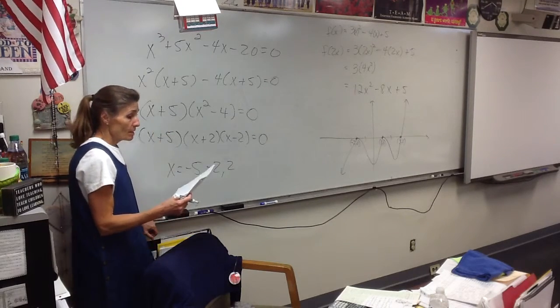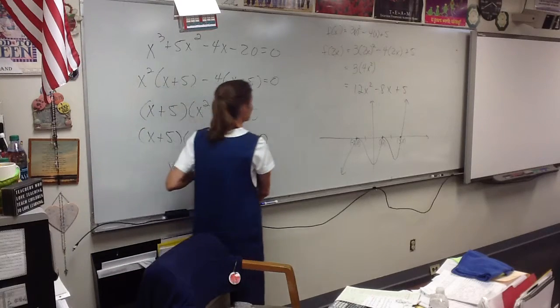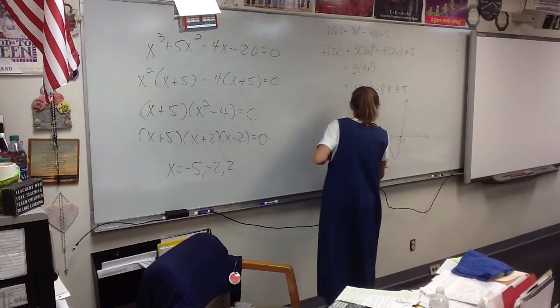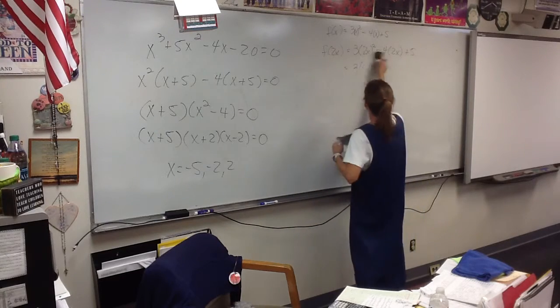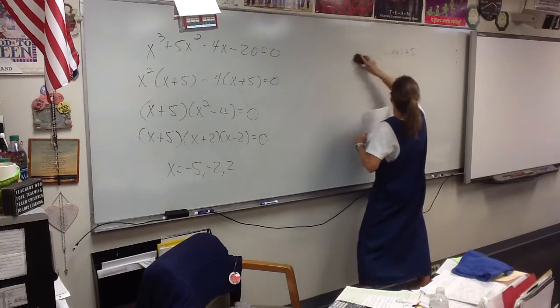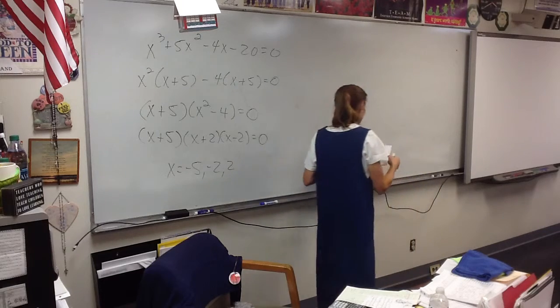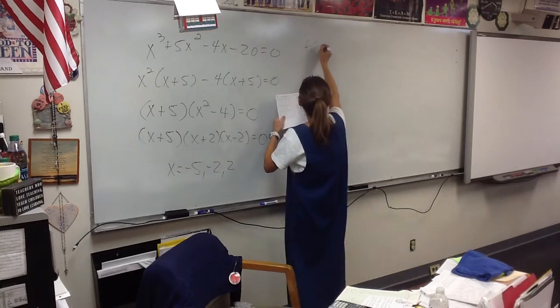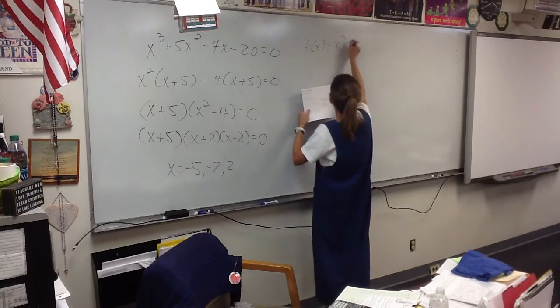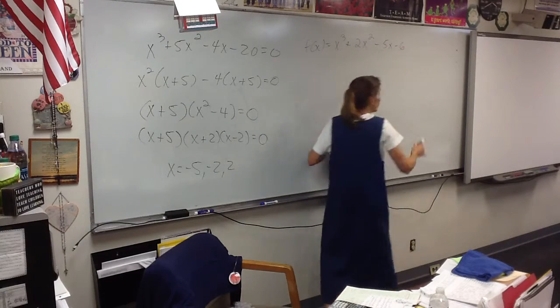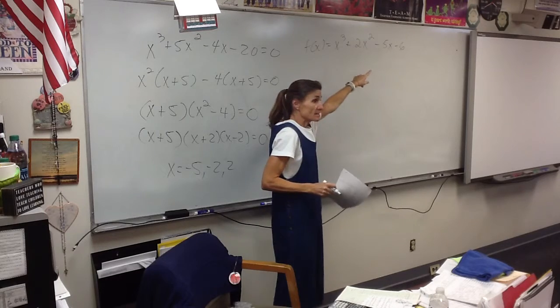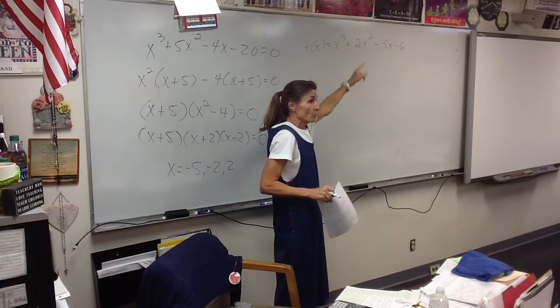Okay? Number 4 has the same directions. But what do you notice about number 4? It doesn't group. Now luckily, that's just a 6, which means what?